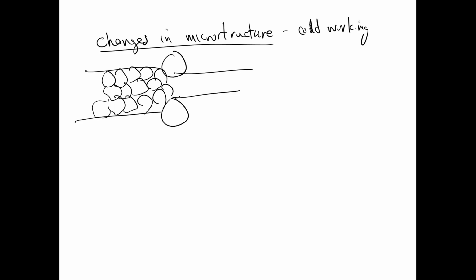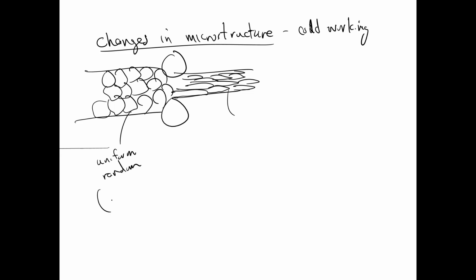Well, the grains tend to get squished out and elongated in the rolling direction, or forging direction, or whatever process that we're using to work the metal. We get sort of a preferred orientation here. So now, before, the grains were, so-called, uniform and random.